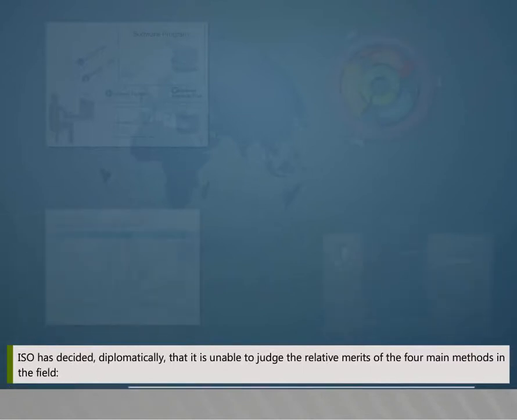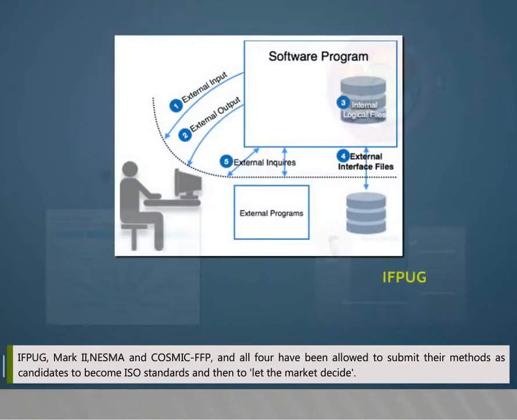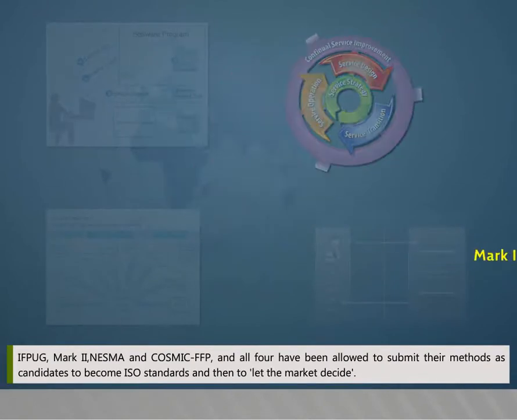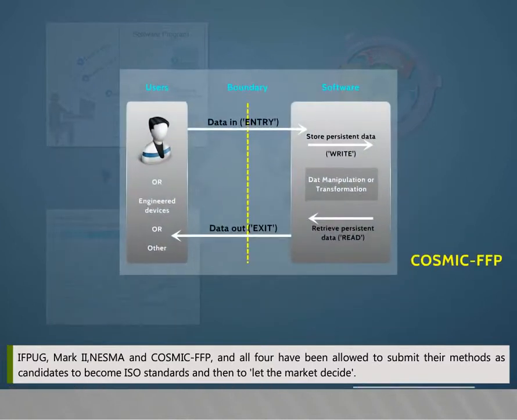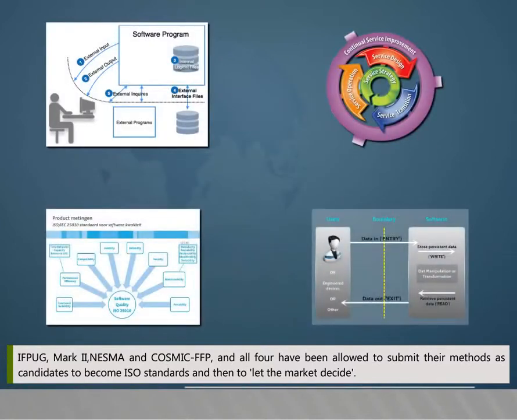ISO has decided diplomatically that it is unable to judge the relative merits of the 4 main methods in the field, IFPUG, Mark II, NESMA, and COSMIC FFP, and all 4 have been allowed to submit their methods as candidates to become ISO standards and then to let the market decide.